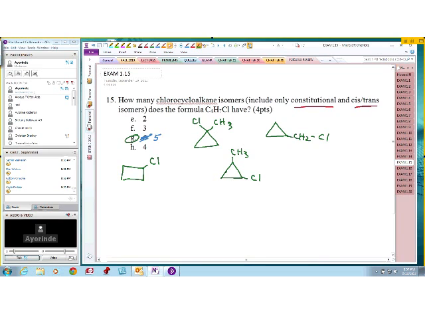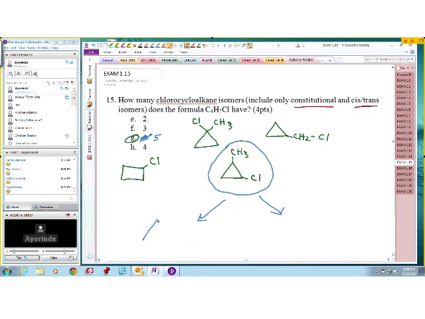But now we are going to have a total of 5, because in this question they are also asking us to do both constitutional isomers and cis-trans isomers. If you take a look at this molecule here, we could draw cis-trans isomers of it. So we get 2 stereoisomers from this.